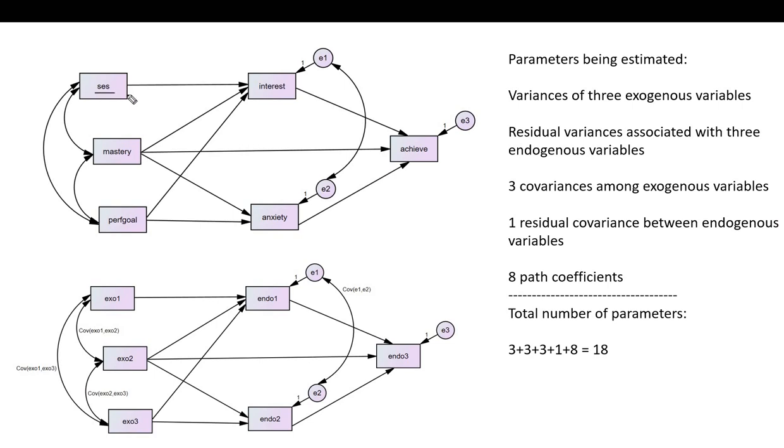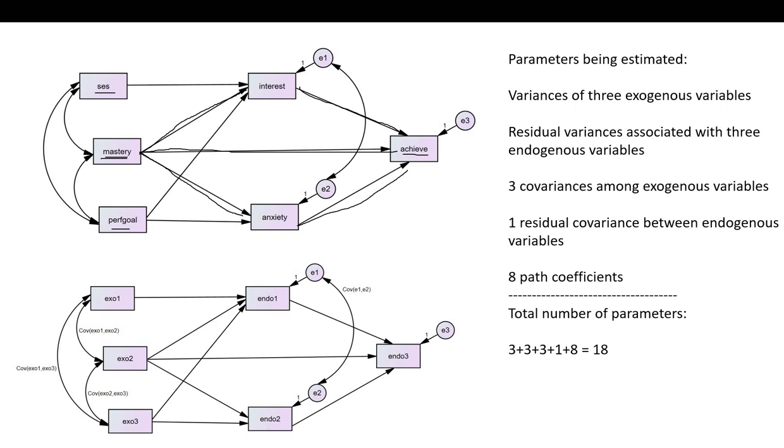So you'll notice that we have SES, mastery goals, and performance goals, and these are the exogenous variables within the model. And these variables are going to be predicting achievement. Mastery is predicting achievement both directly through this route right here, as well as indirectly through interest right here, and anxiety right here. So this route right there.